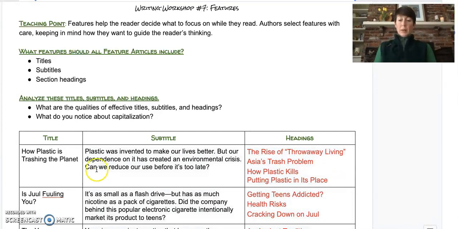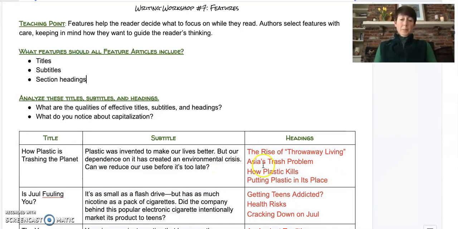Well, it starts out with a statement about plastic that's kind of positive, that it had a good intention when it was made. But then it shifts to this idea of environment, which came up in the title, this idea that now it's causing a really big problem. And I noticed the subtitle ends with a question that kind of makes me as the reader prepared to look for information that could help me answer that question as I read on.